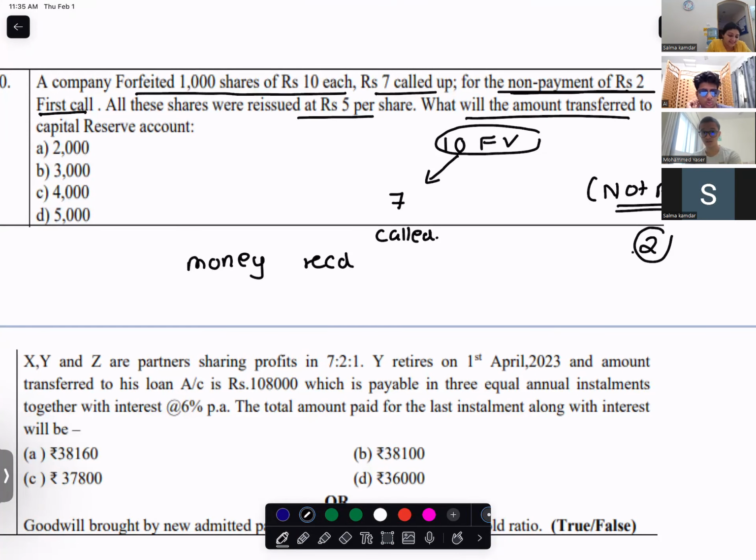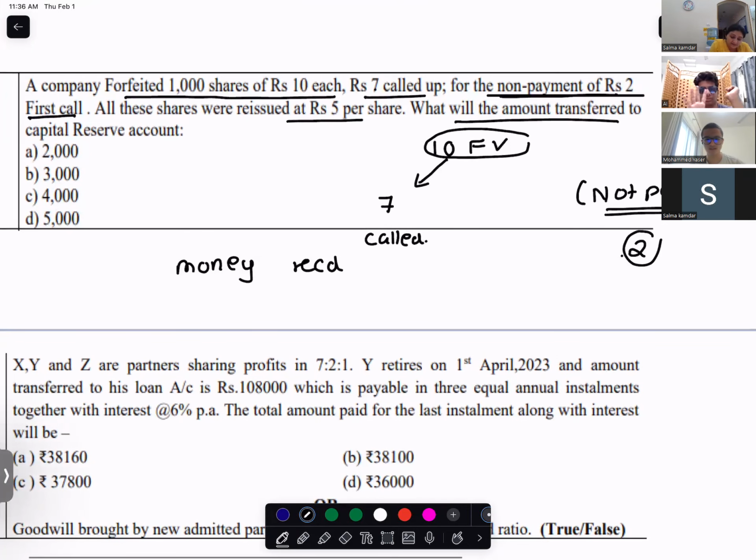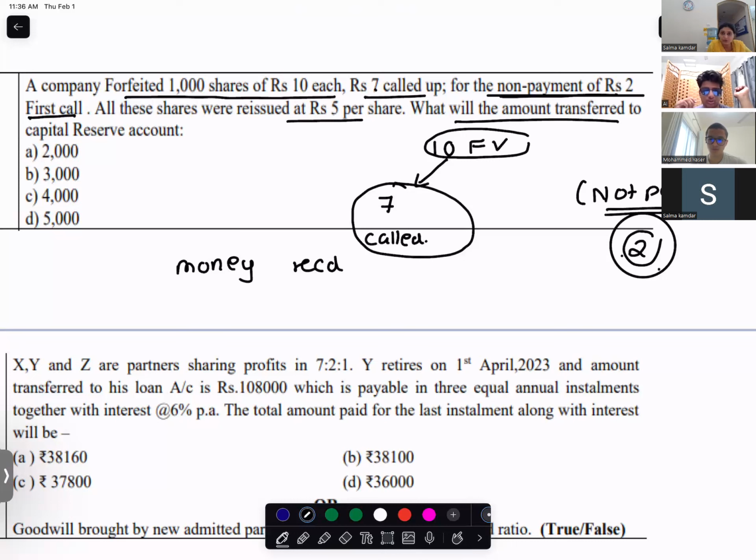I called up 7 and did not receive 2. So money received is how much? 5.